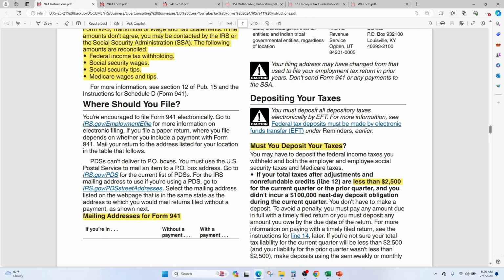But if your total tax after adjustment is under that threshold, you don't have to make a deposit.